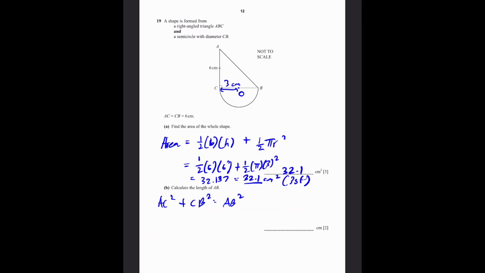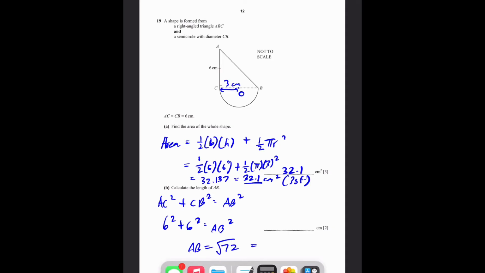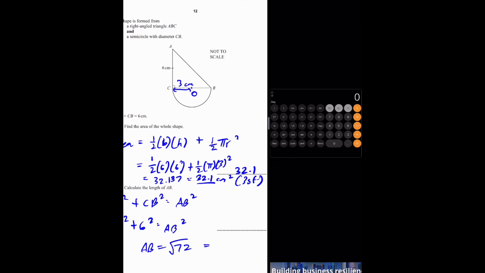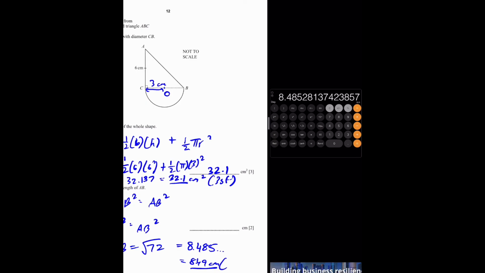So that means 6 squared plus 6 squared equals AB squared. 6 squared plus 6 squared is 36 plus 36, which is 72. So AB is the square root of 72, which is, getting our calculator out, 8.485, which is 8.49 centimeters to 3 significant figures.